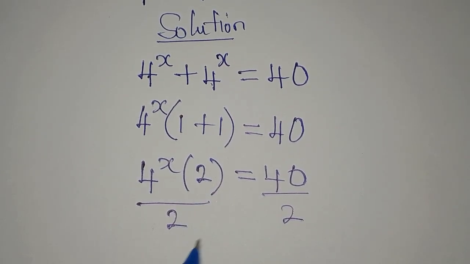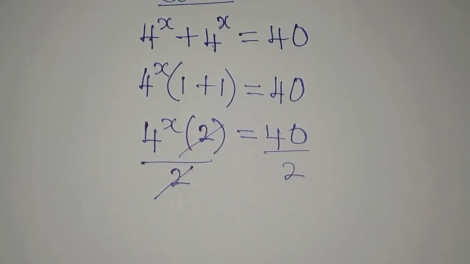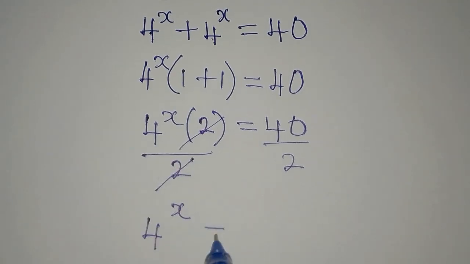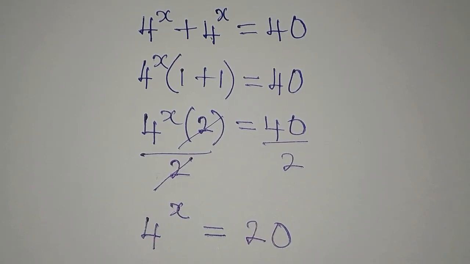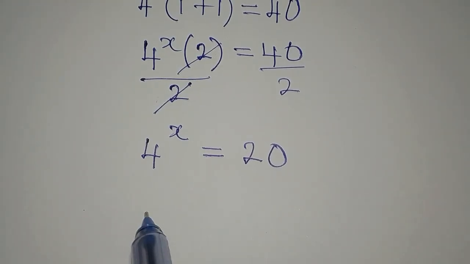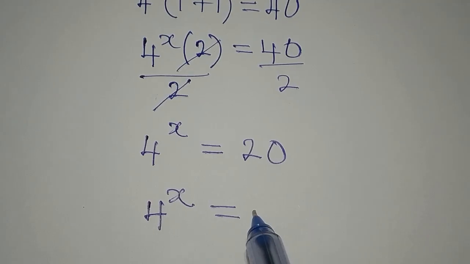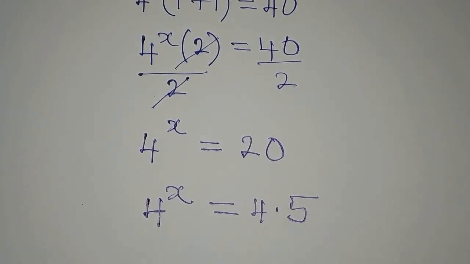The whole of this will be divided by 2 so that 2 can go, as we have just 4 to the power of x equal to 20, because 40 divided by 2 is 20. Now, 20 is 4 times 5, right?